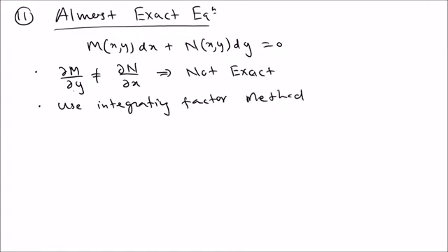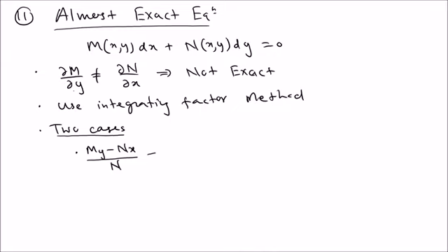So we're going to use the integrating factor method. There are two cases to consider. The first one is we calculate (My minus Nx) over N, and check if this is a function of x only.